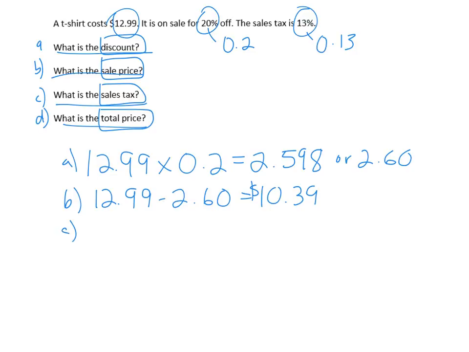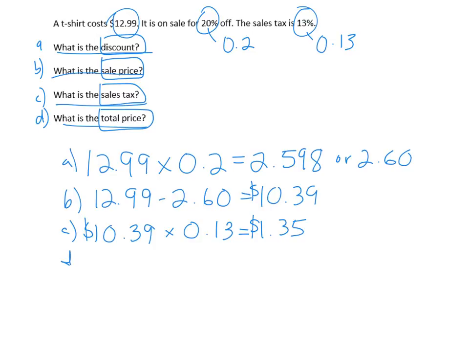Then what's the sales tax going to be? I have to now take my $10.39, because that's my new price after the discount, and I'm going to multiply that by 0.13, and I get $1.35.